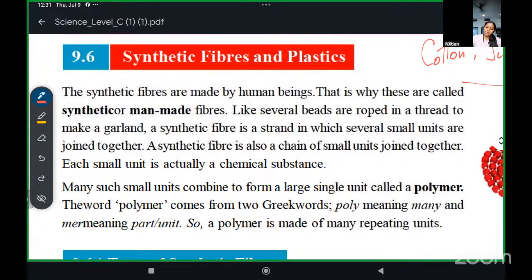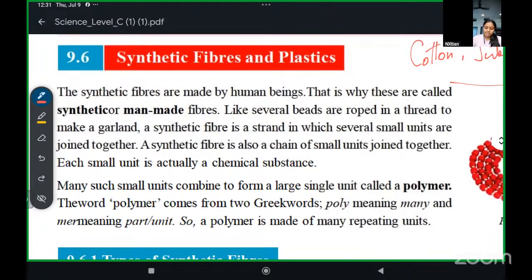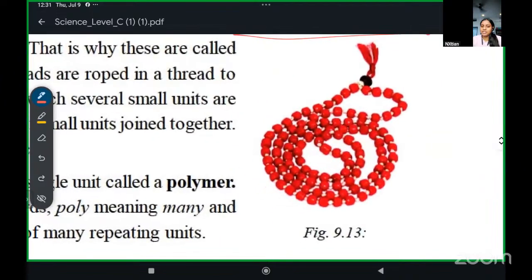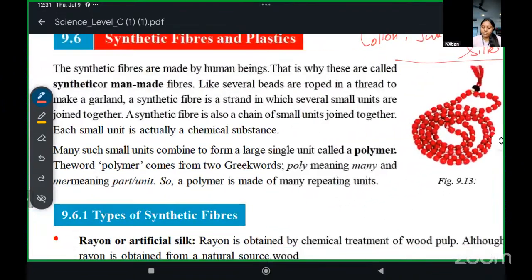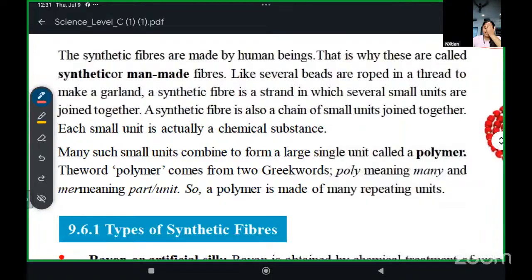Like several beads are roped in a thread to make a garland, a synthetic fiber is a strand in which several small units are joined together. So a synthetic fiber is a chain of small units and each small unit is a chemical substance.